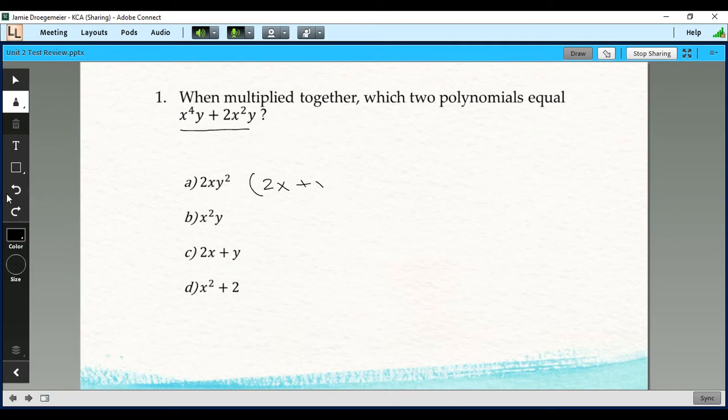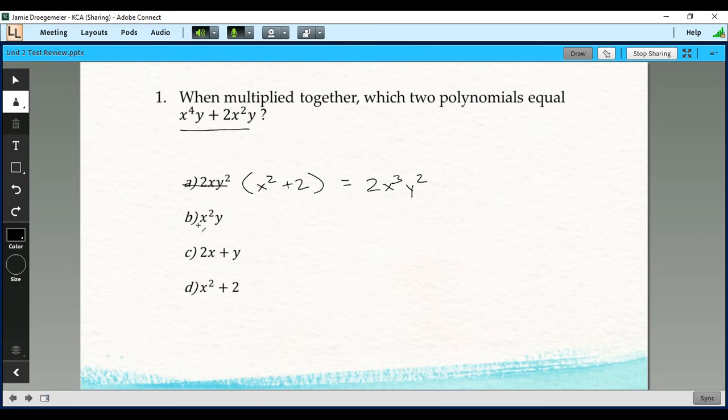What if we take that 2xy squared and we multiply it by x squared plus 2? Well, 2xy squared times x squared, that would be 2x to the third y squared. Well, that doesn't match up here. So we know that A isn't going to be one of them.